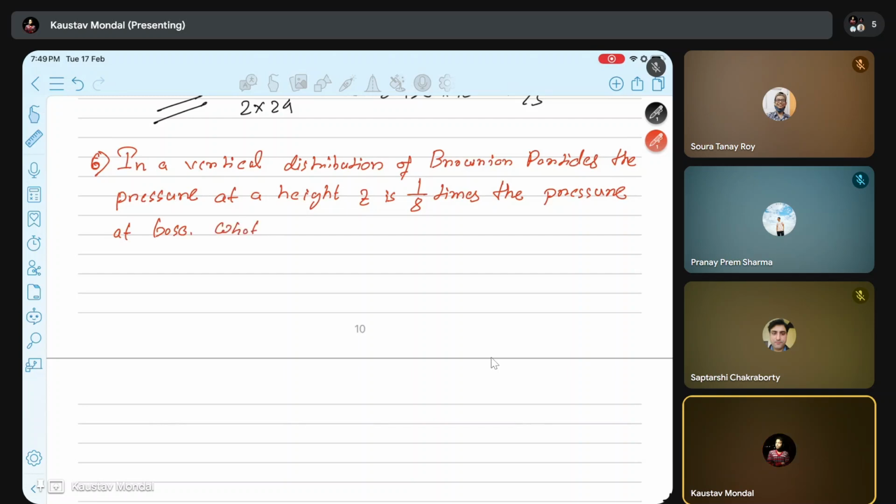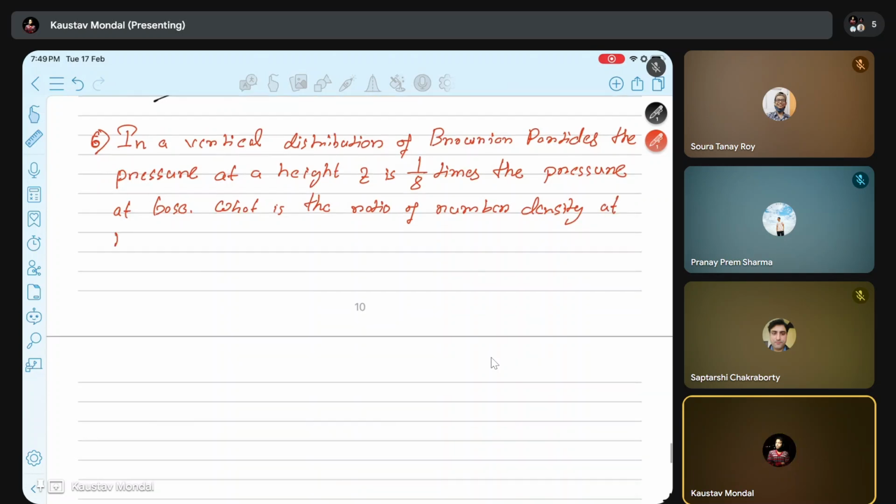What is the ratio of number density at height z and at the base?